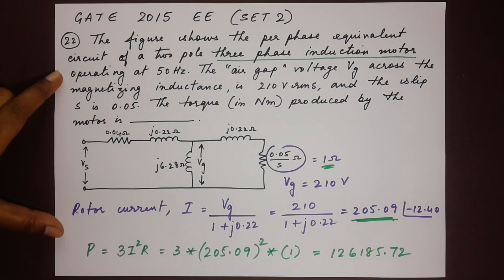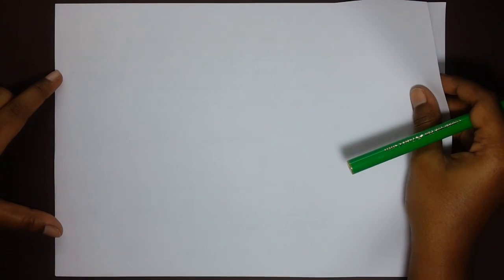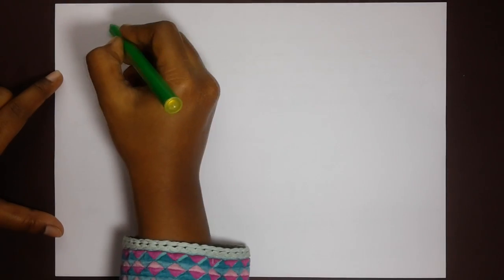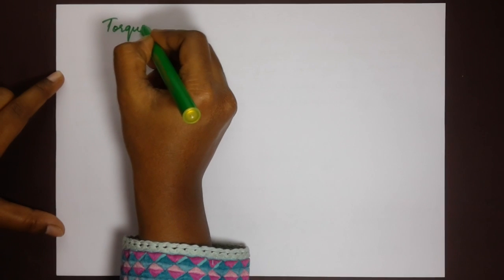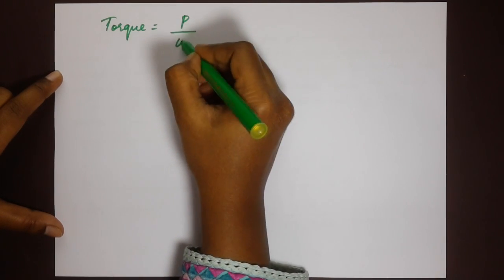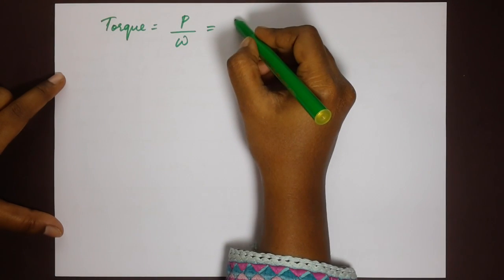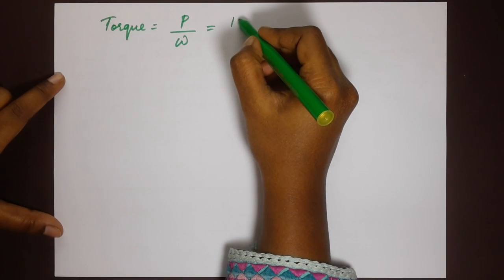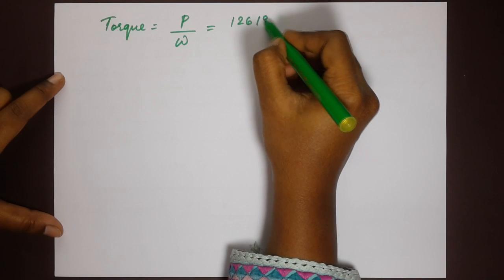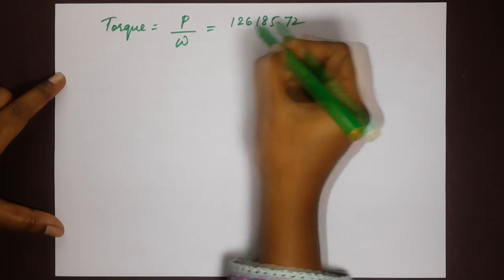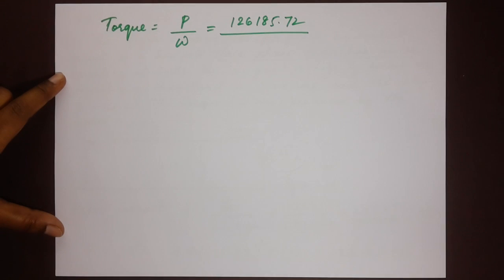Okay, now the next step is to find out the torque, because we know that torque is the ratio of power to angular frequency, isn't it? Torque equals power divided by angular frequency. Now power, we have found it as a value of 126185.72 divided by omega.